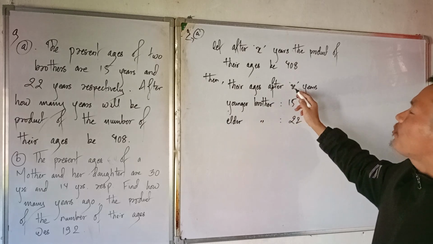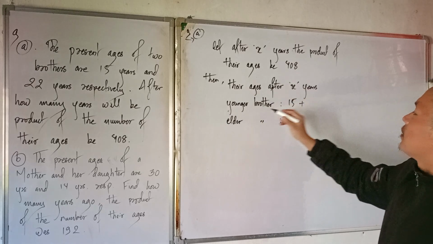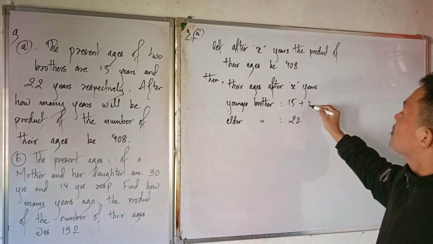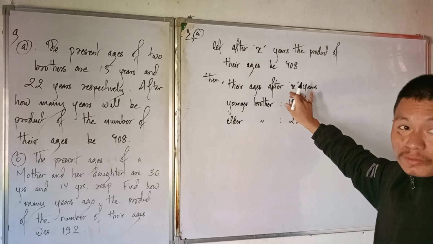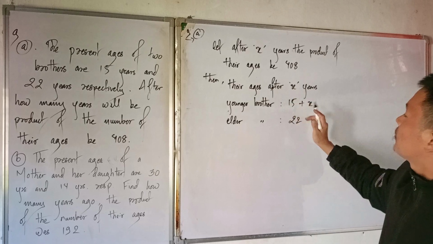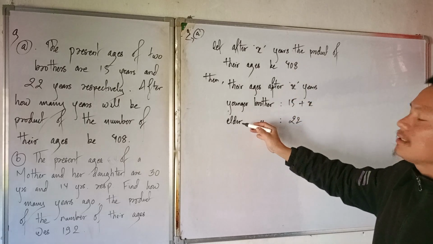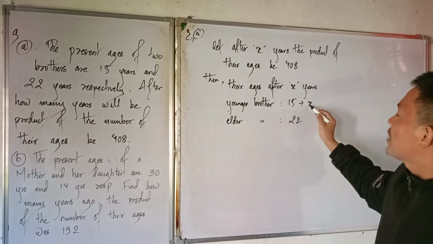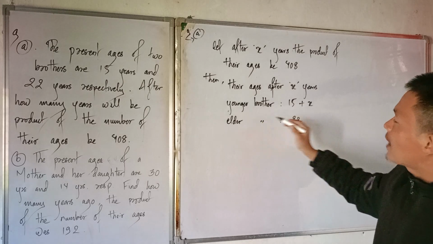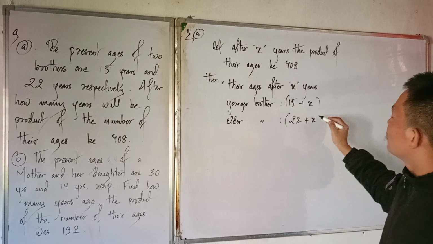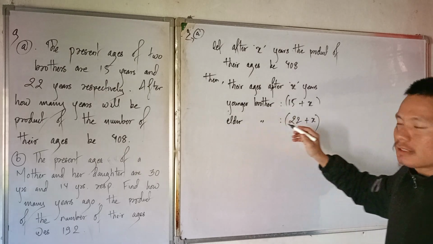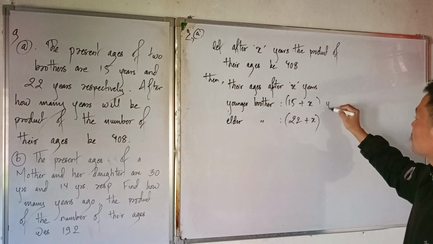The younger brother is 15 and the elder brother is 22. After x years, the younger brother will be 15 plus x. You just add whatever years you have supposed there. Similarly, just like in the younger brother we added x, in the elder brother also you have to add x. So these will be the two ages for both brothers after x years.